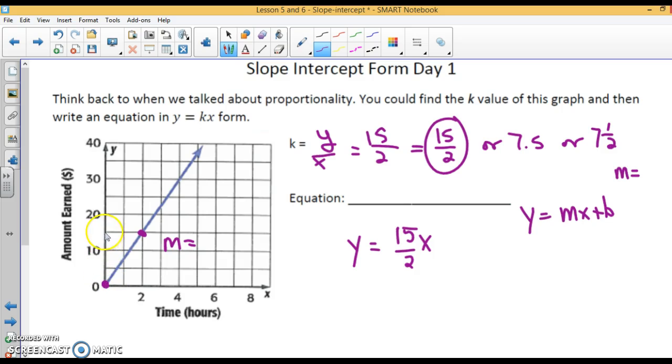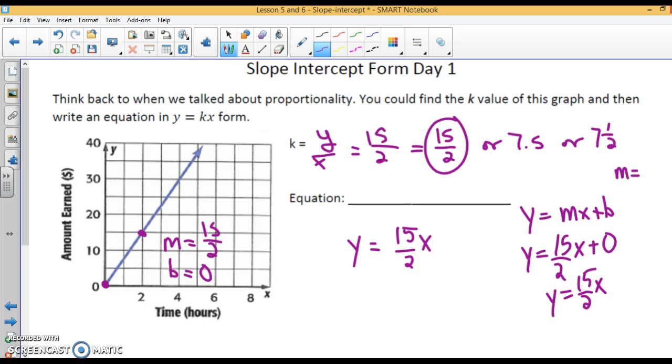I'm rising 15. I'm running 2. That's my slope. My y-intercept, b, is where this line crosses the y-axis. The y-intercept is 0. So if I use slope-intercept form, let's write an equation for the line. Y equals m, which is 15 halves, x, plus b, which is 0. I'm going to clean that up. Y equals 15 halves x.